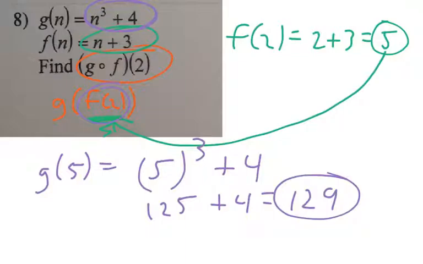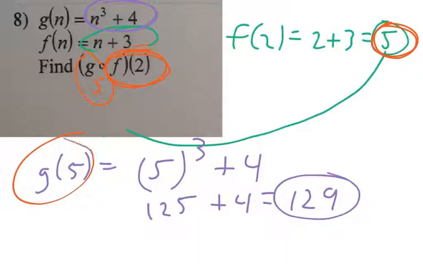So guys, what I'm hopefully showing you in this video is there's a couple ways to do a problem like this. Sticking with this one here first, what I did again, let me erase this here real quick if you don't mind. There we go. But what I basically did again, guys, is did I not, I'll use red here, did I not first find f of 2, and then once I found f of 2 was 5, did I not take 5 and plug the 5 back in here with the g?